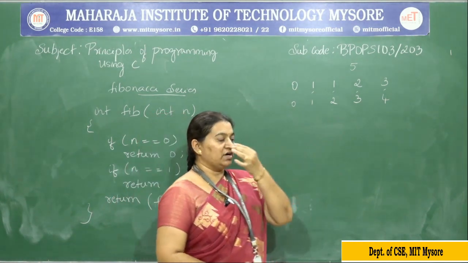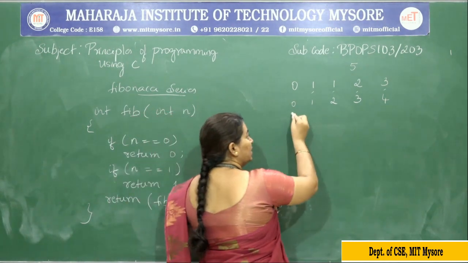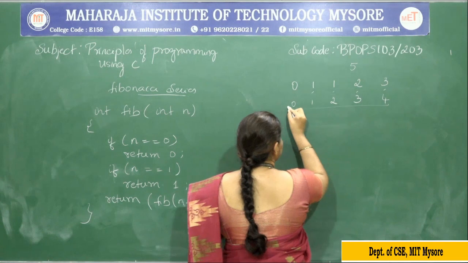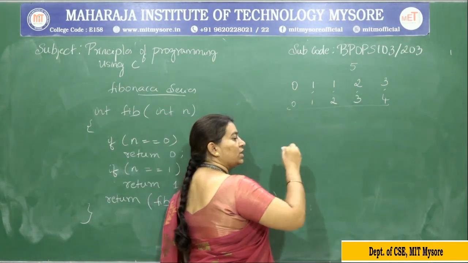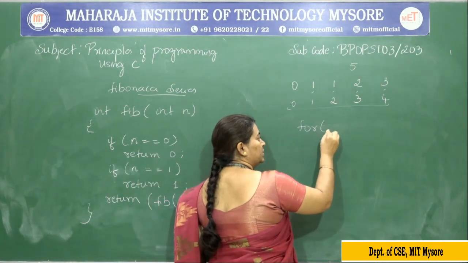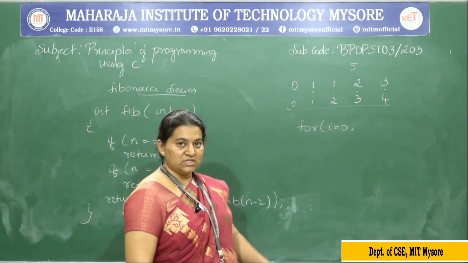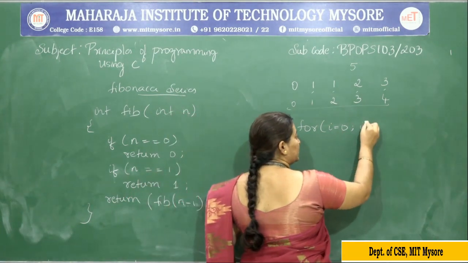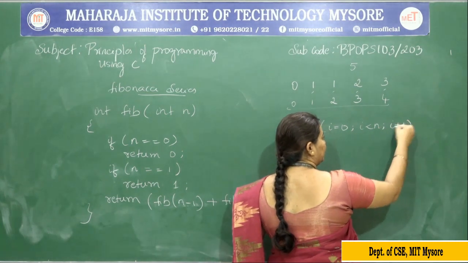Before going to the main function, we'll see how this will work. I have to use this series, right? Whenever I'm calling it in my main function, I'm going to use a for loop there. So I'll use i is equal to 0, next i is less than n, next i plus plus.